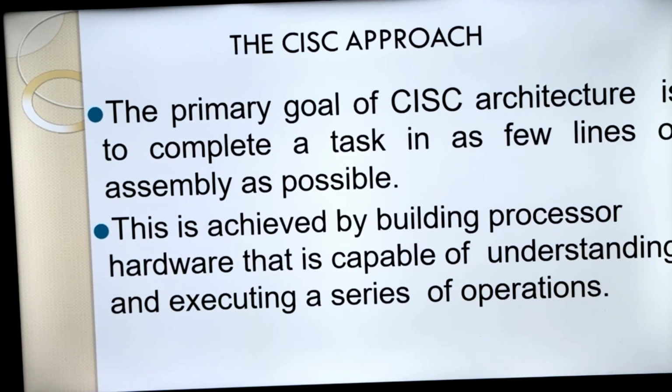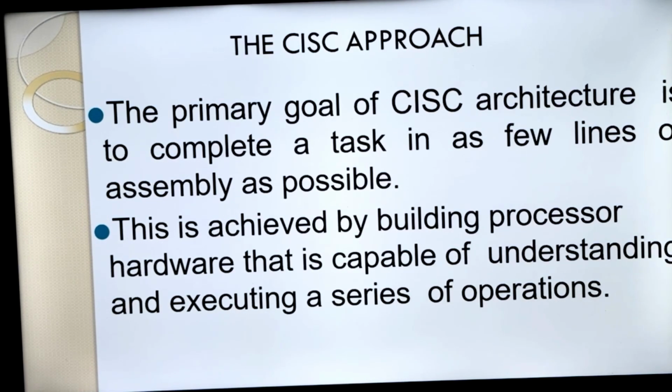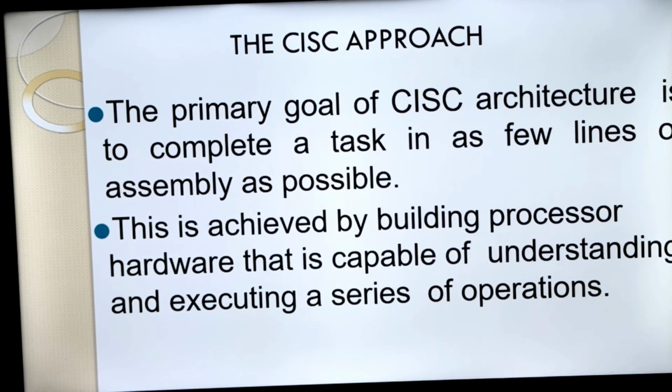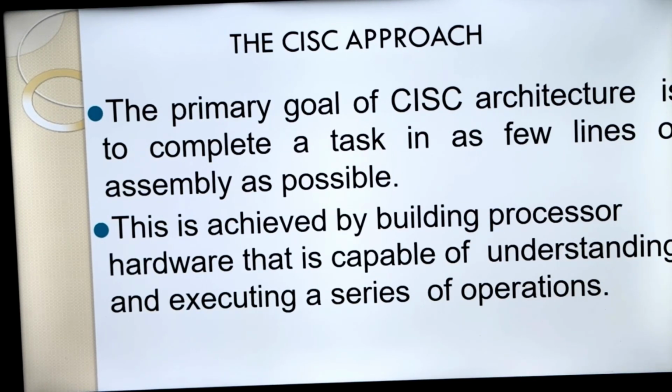This is achieved by building processor hardware that is capable of understanding and executing a series of operations. See, whenever I say minimize the number of instructions, say I initially have 10 different instructions for a single program. Now I am asking you, I don't want these 10 different instructions. Just execute the same program in 5 instructions.